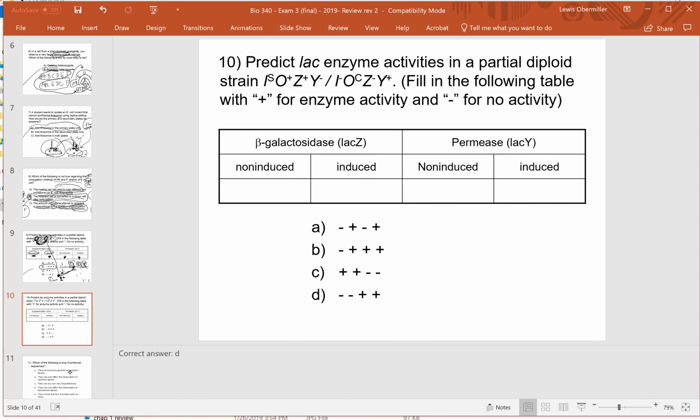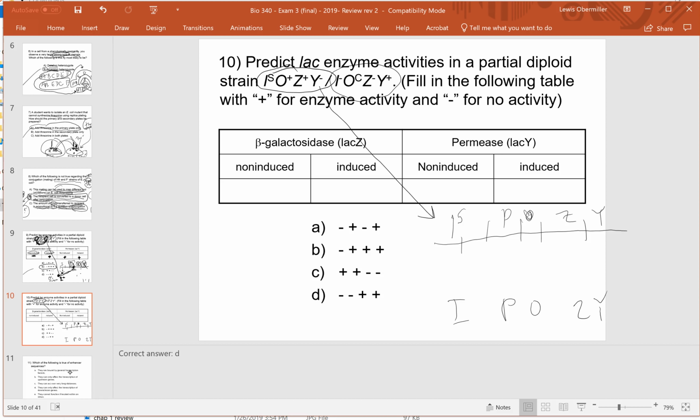All right, we got another one. So I^S is a super repressor. A super repressor. So let's write it out again. So we have I, P, O, Z, Y, and then we have I, P, O, Z, Y. This is for the first chromosome, number 1 here.